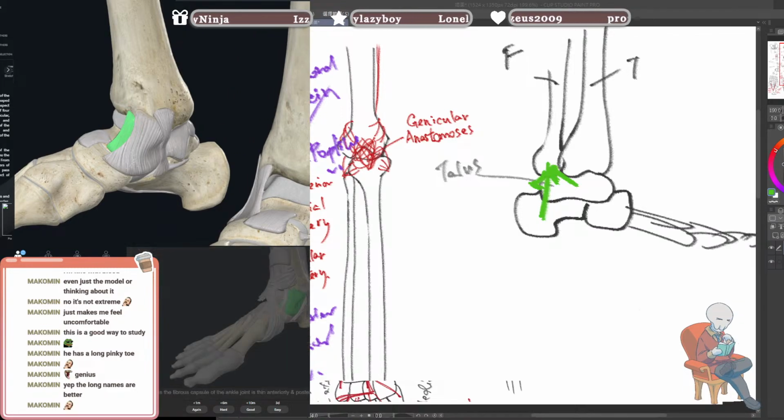So it's called the tibiotalar ligament. And this very thick one is called the tibionavicular segment. Then the tibiocalcaneal segment. And lastly is the posterior tibiotalar.